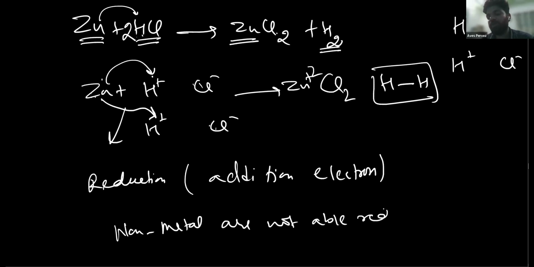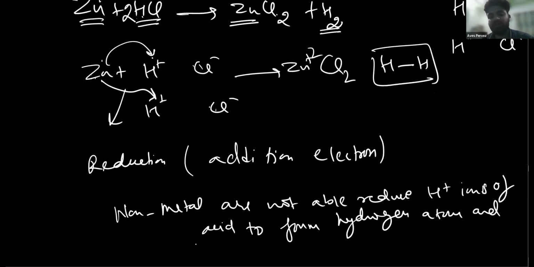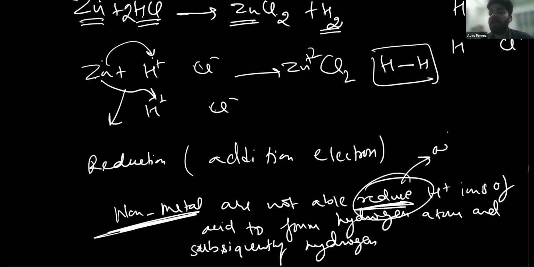So if I say non-metals are not able to reduce H plus ions of acid to form hydrogen atoms and subsequently hydrogen gas, I'm just writing roughly. What does reduce mean here? It means add electrons, or you can say donate electrons.